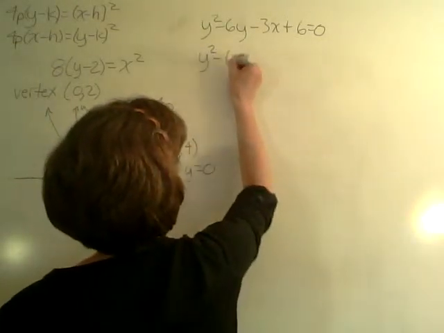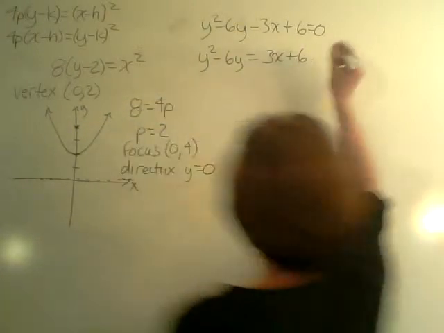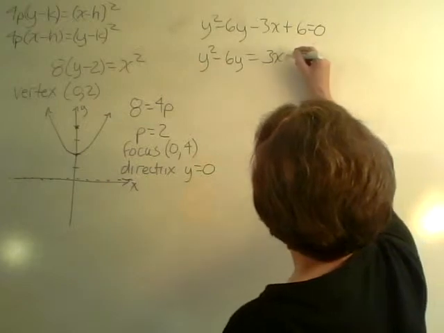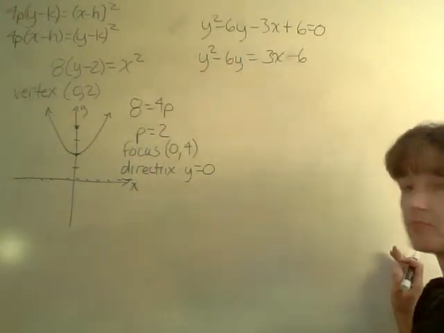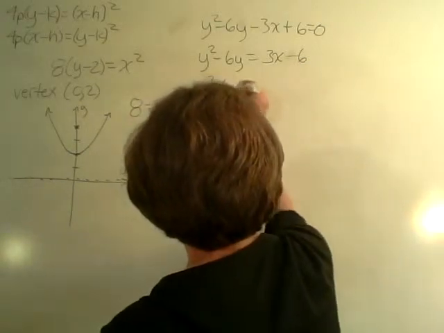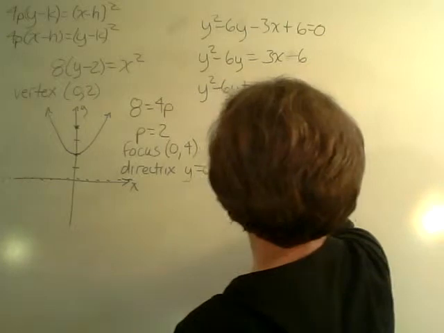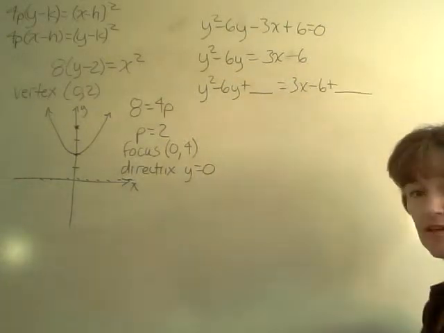So I'll have y squared minus 6y equals 3x minus 6. I just moved the 3x and the 6 to the other side to get them out of the way. Now I need to complete the square on this side, which means I'm going to be adding a term to that side, so I'm going to have to add a term to the right-hand side.